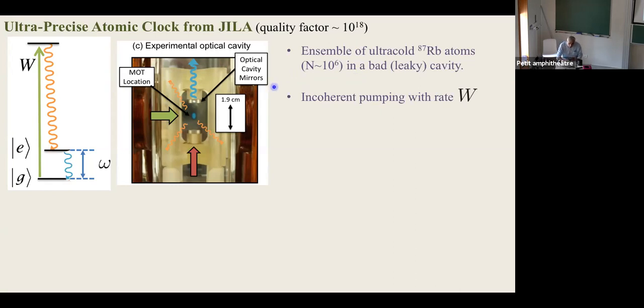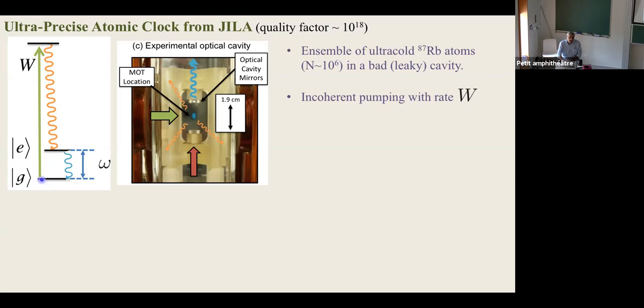So what we have here is about 1 million ultra-cold rubidium atoms trapped in an optical cavity. This clock utilizes an ultra-narrow transition line between the ground state and an excited state of this atom.